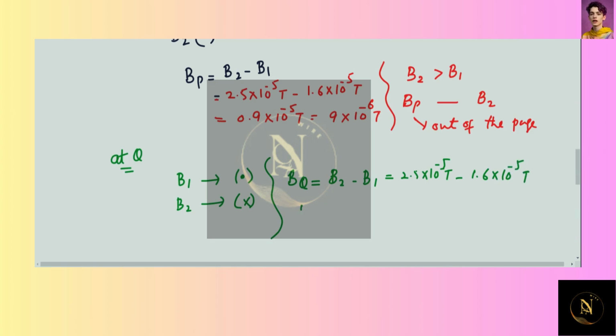This gives us the net magnetic field at point Q equal to 9 times 10 to the power minus 6 Tesla. Here B2 is greater than B1, therefore the direction of net magnetic field at point Q will be in the direction of B2, that is into the page.